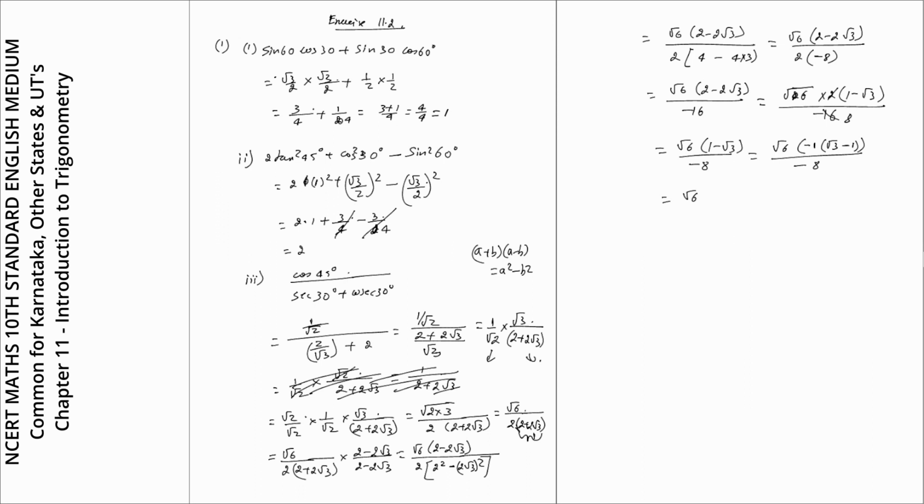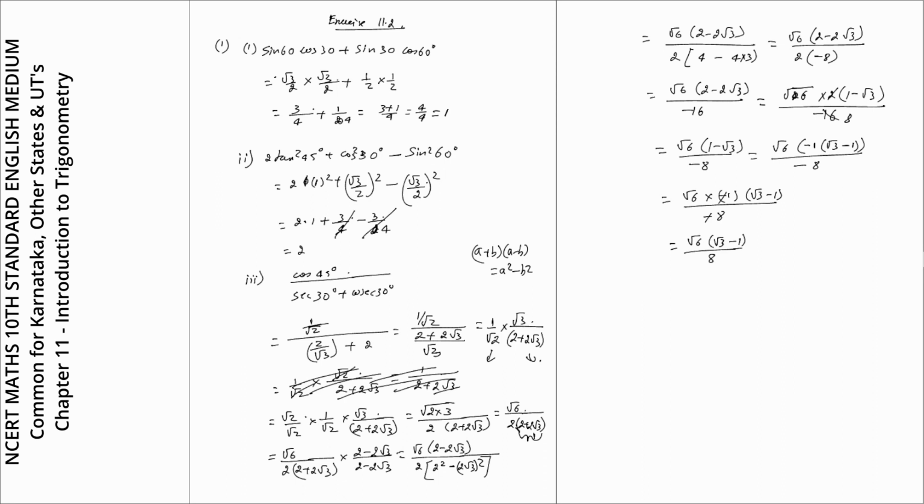Or one more step, I'll write root 6 into minus 1 into root 3 minus 1 by minus 8. So this minus will get cancelled. So I'll get root 6 into root 3 minus 1 by 8.